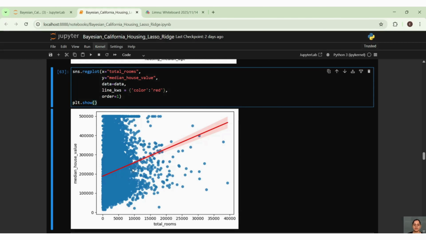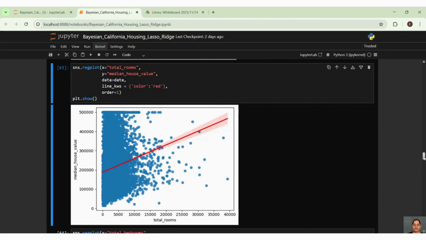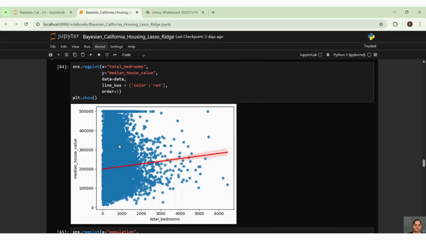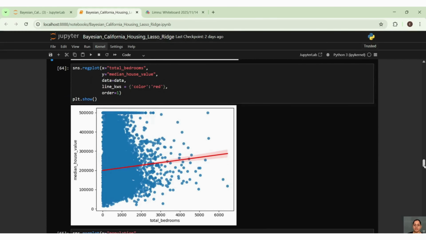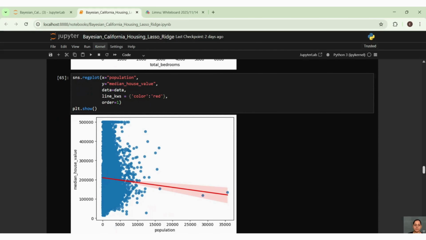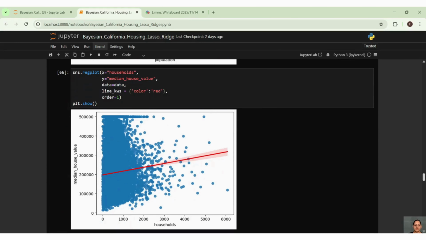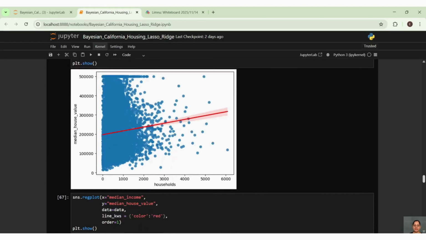So you can see this is a straight line and a good line. Then even bedrooms is giving me a good correlation, or a good reg line. Then we have the population, which is negatively affected, but it's negatively correlated. Then households with your house price, it's giving a better variance and a better reg line.